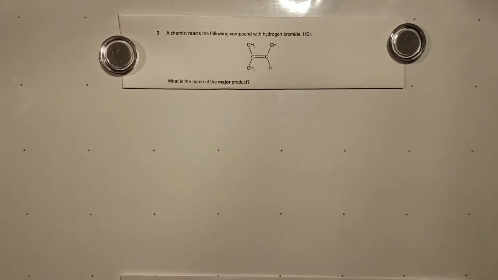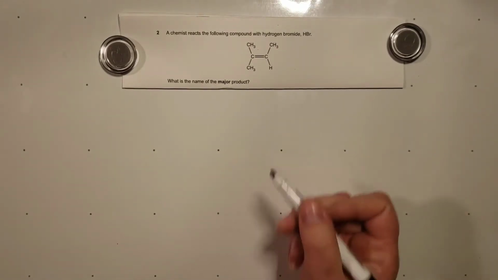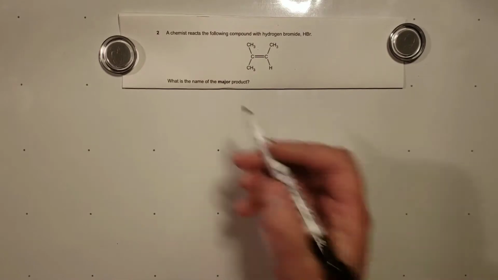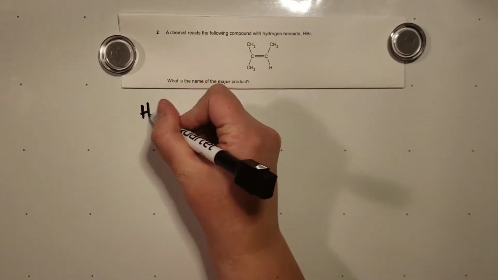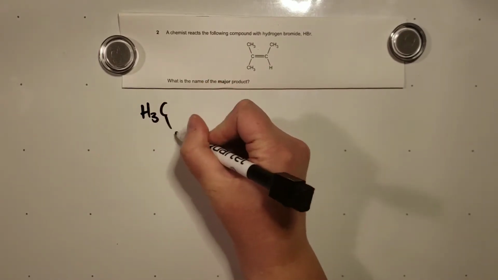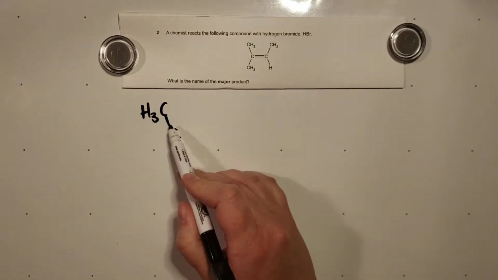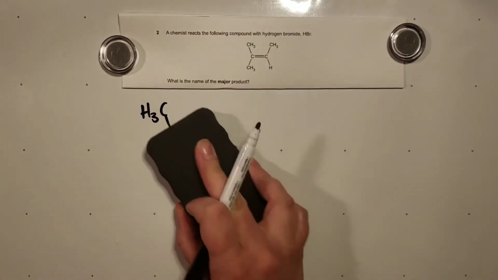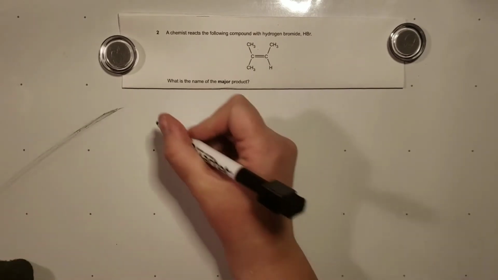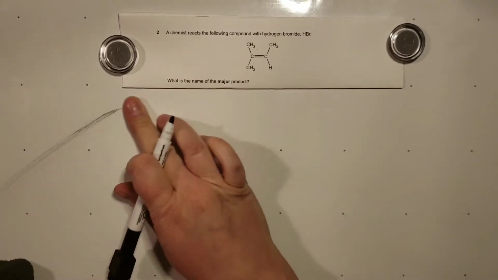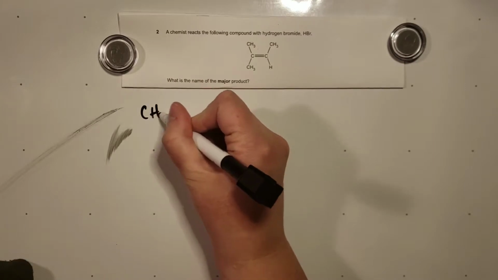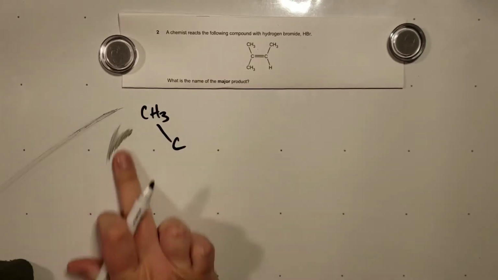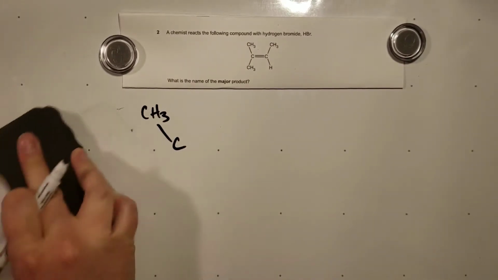Okay, so I'm going to rewrite this molecule, and I'm going to write it H3C to C. Now I wrote H3C instead of CH3 because often, whoops, if we do CH3 and we show that bond, we get a little bit sloppy and we write it like that.